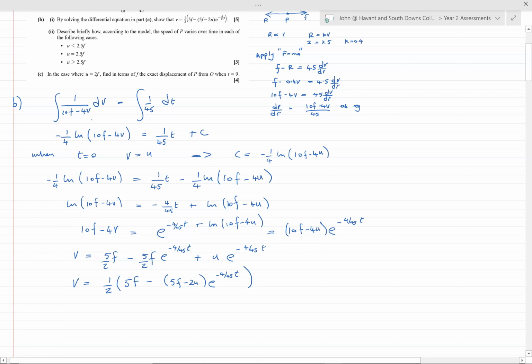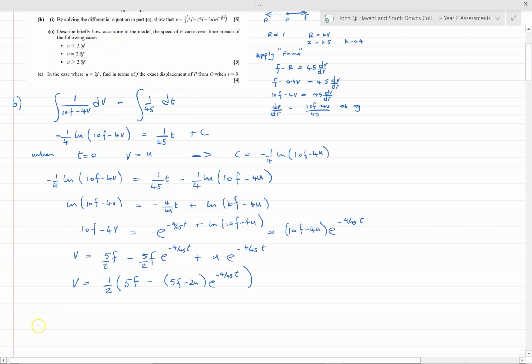It does make a difference what's happening where, if the initial velocity is of a particular value where the quantity 10f minus 4v is positive or negative, and that's where all that modulus sign comes into play if you were to do it in a pure mathematical way. But we've got the final equation now, and we just need to look at the different scenarios that occur.